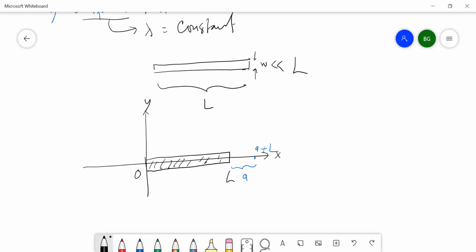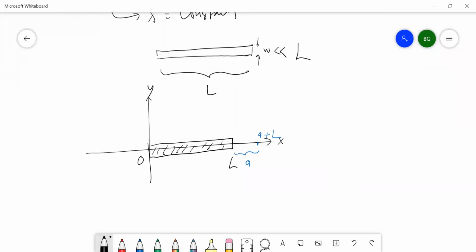Is there any question about this setup? If not, I will continue. If we consider this infinitesimal charge, its length is dx, and the distance along this axis is x.